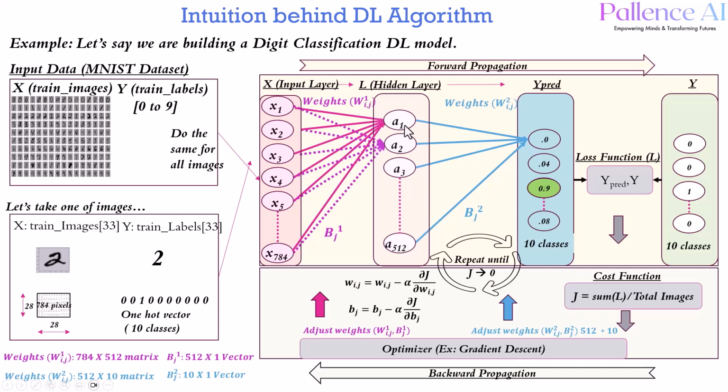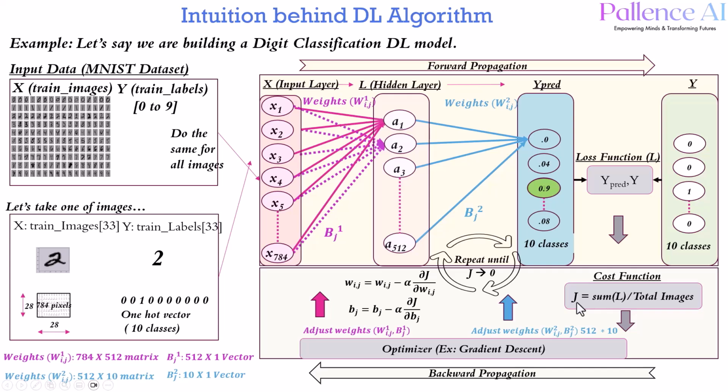Then we use A1 to A512 and the blue set of weights, W2, to compute y-pred, the 10 units in the final output layer. We compare this y-pred with the actual y and get the loss. For each image, we sum up all these losses and divide by the total number of images, and we get the cost function J.